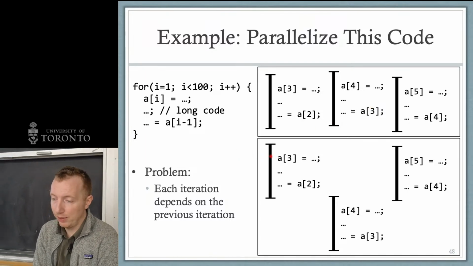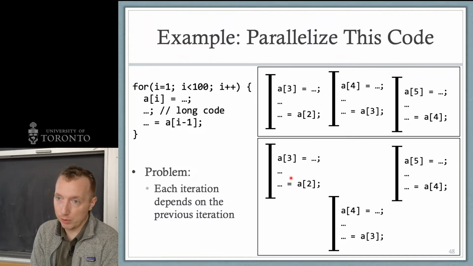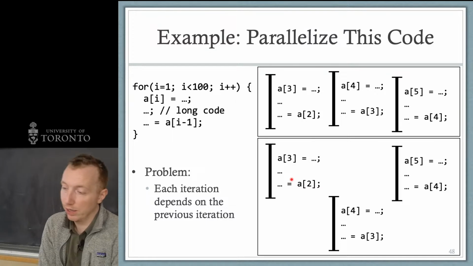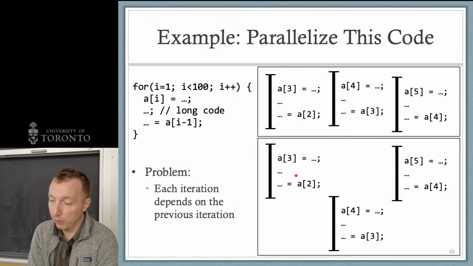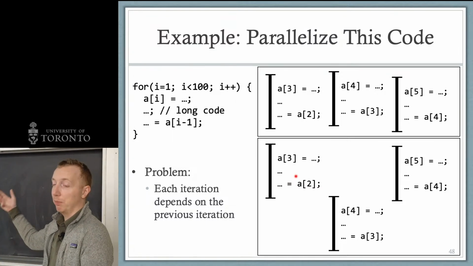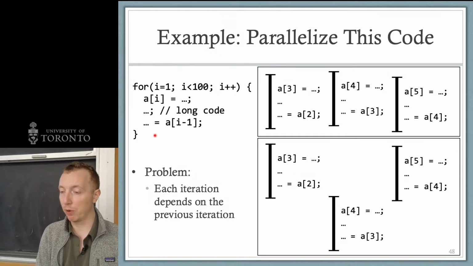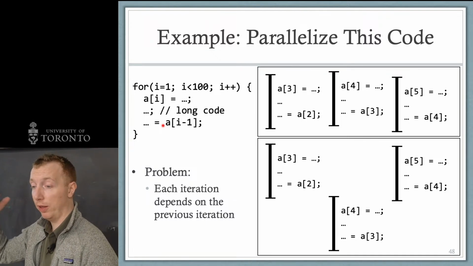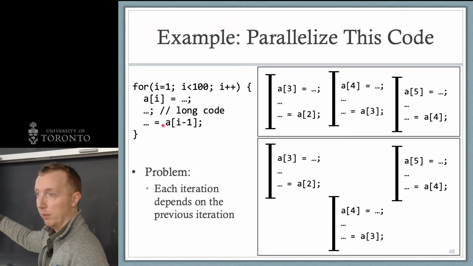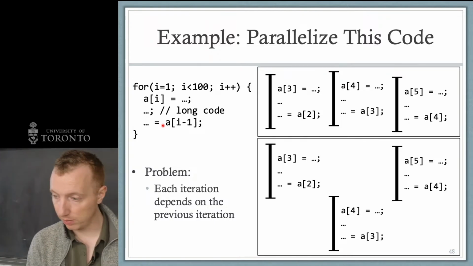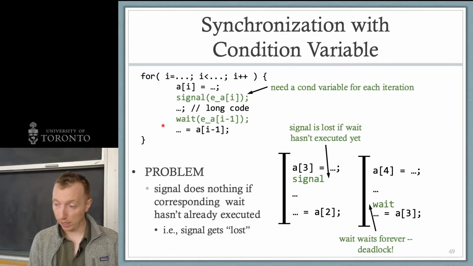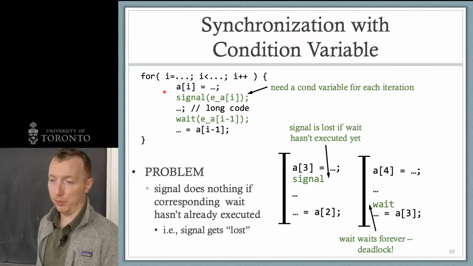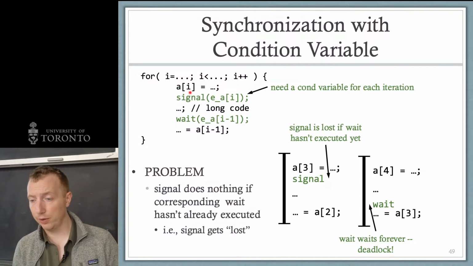If I don't have any synchronization, I won't have any ordering between the threads, so I don't know if I have the most up-to-date value or not. It's complete chaos if I just try to parallelize this code, thinking it's some embarrassingly parallel thing, because there are dependencies between loop iterations, which would cause dependencies between threads and cause data races.